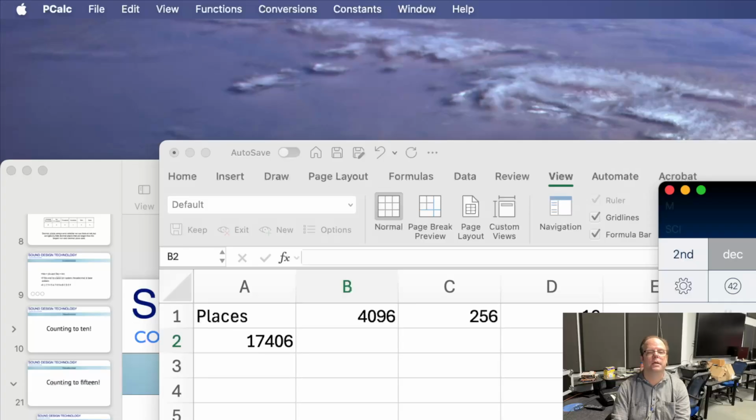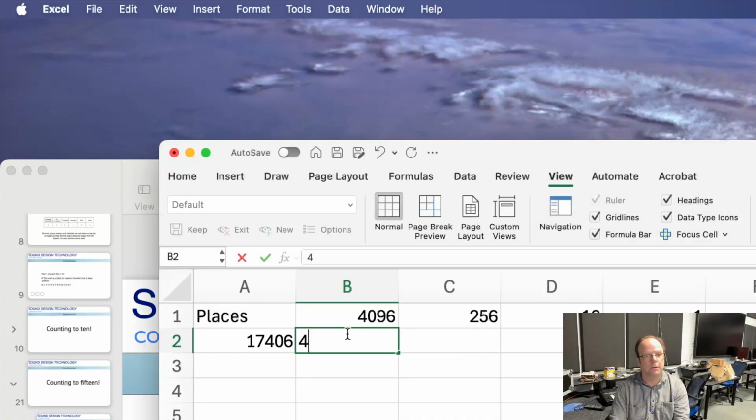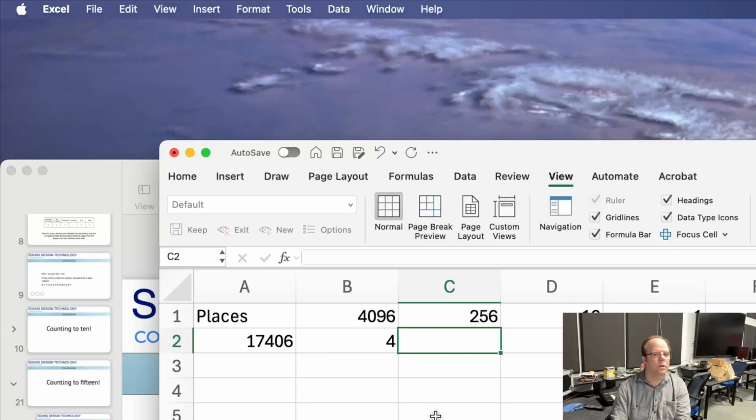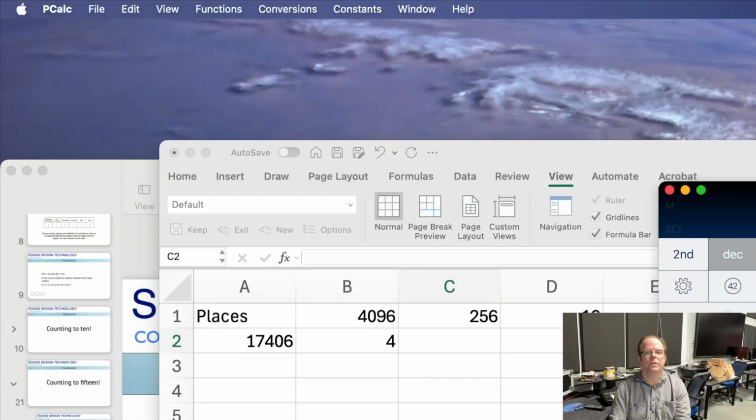I'm going to say 17,406 divided by 4,096, I get 4.2951 something. So that means I can get 4 4,096s in there, so I'm going to put a 4 there. 4 times 4,096 is 16,384.